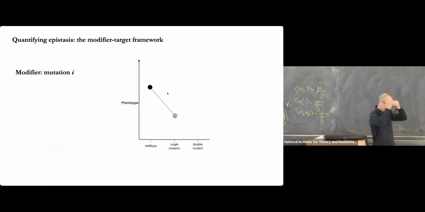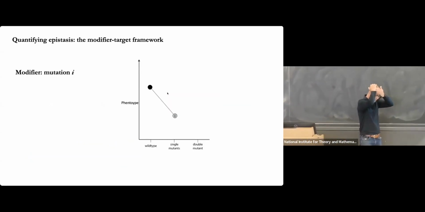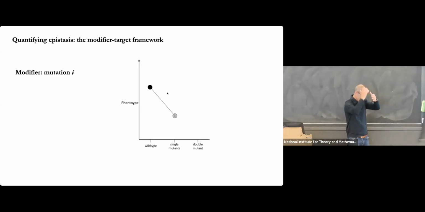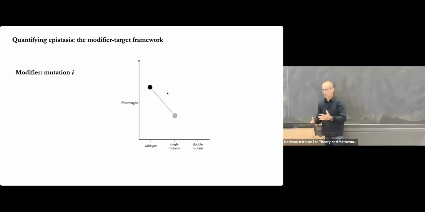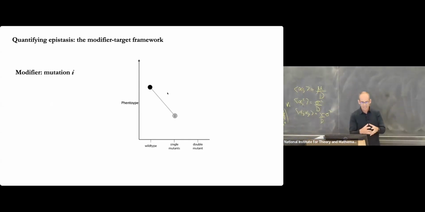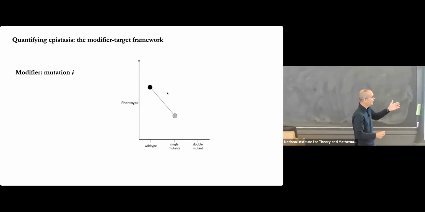So here's how I'm going to describe to you the extent of epistatic coupling of individual mutations as well as pairs of mutations. We're going to use a modifier-target framework. Any one mutation, we can call it I, can be considered a modifier.